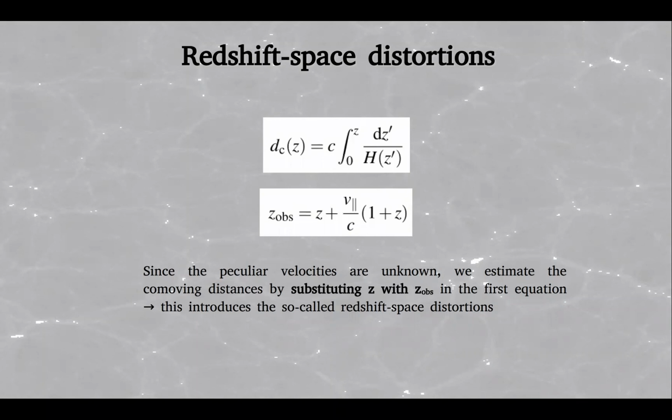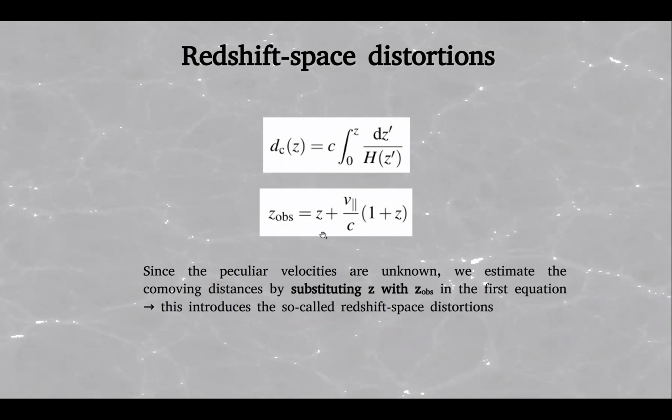But anyway, the first term introduces an anisotropy if we substitute this observed redshift into these equations. Since this object here is something that we cannot directly measure, in several cases, in the first equation we use the sum of these two terms instead of simply z, and so we introduce an error.